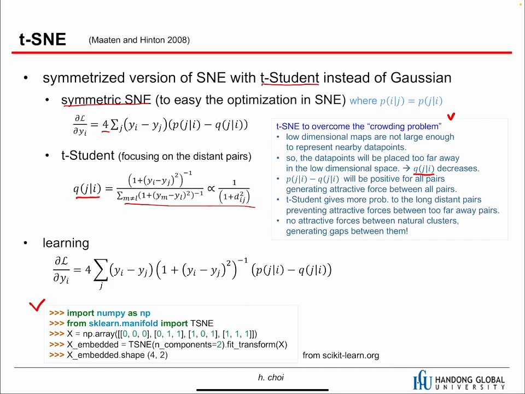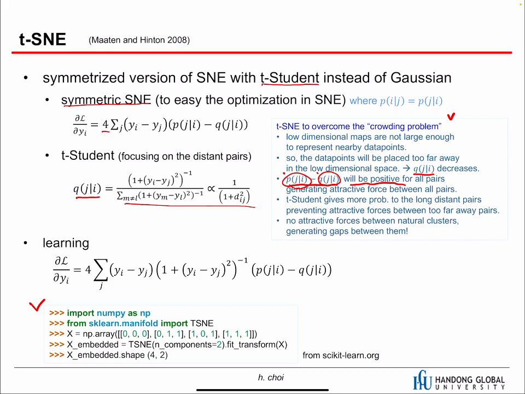If they go further away, this probability decreases. This is the problem, because P of j given i is fixed from the high-dimensional space, and Q is decreasing when the samples are far away. So this one is high and this one is low, so P minus Q will be positive for all pairs, and they generate an attractive force between all pairs.